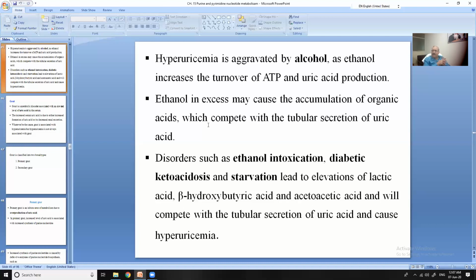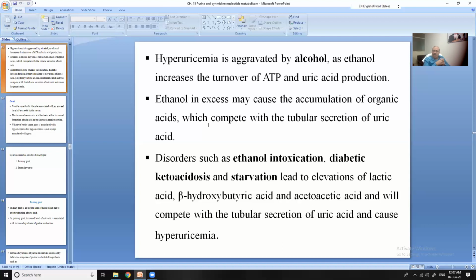So what will happen? The renal excretion of the uric acid is decreased, and then it is increased in the blood and hyperuricemia is caused.